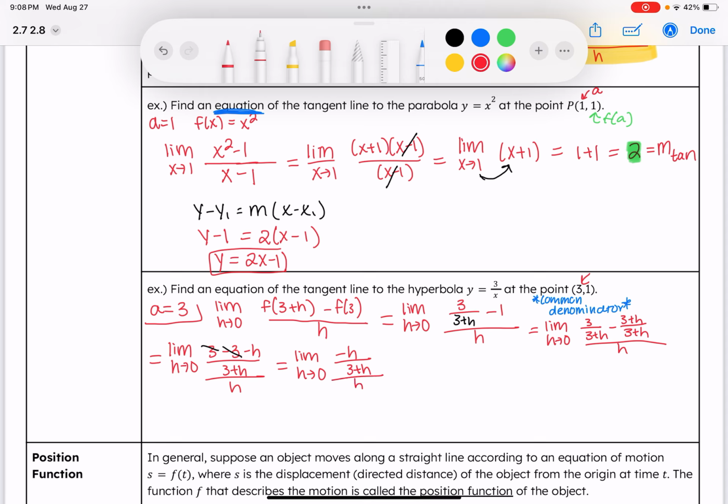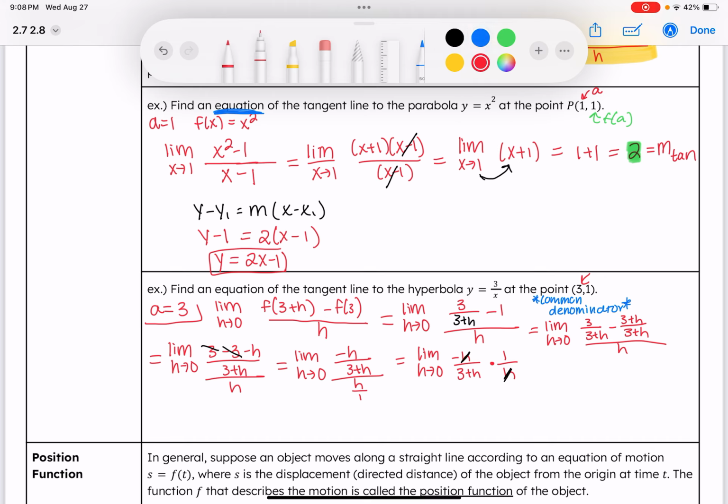There's nothing else I can combine, so I'm going to keep, change, flip. Really this h is h over 1, so I'm going to keep negative h over 3 plus h times, so keep, change, and then flip, to make that 1 over h. Your h's now cancel.